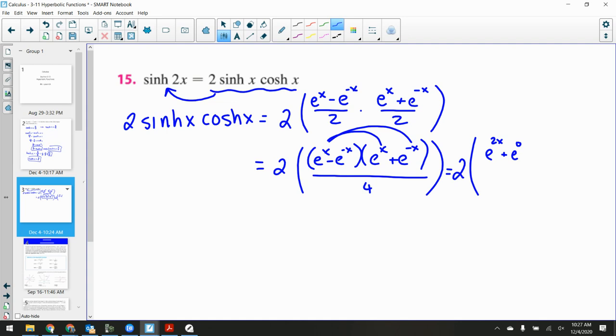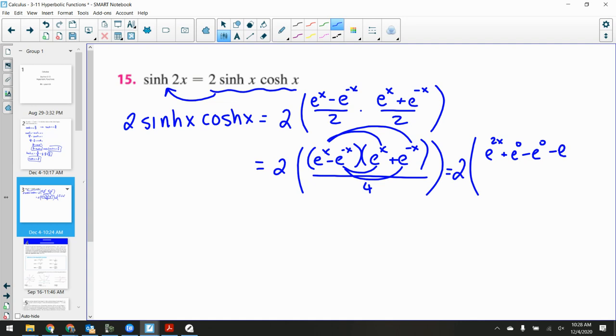Inner, we got minus e to the 0, right? e to the negative x times e to the positive x would be negative e to the 0. And then last, we have negative e to the negative x times positive e to the negative x.